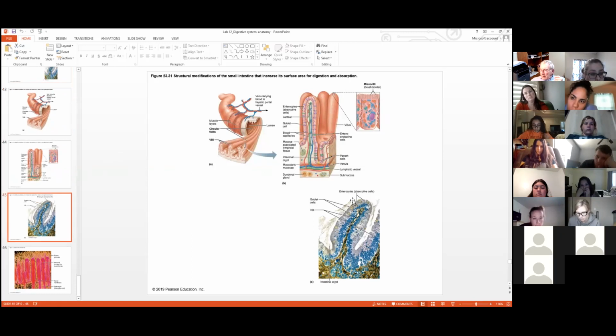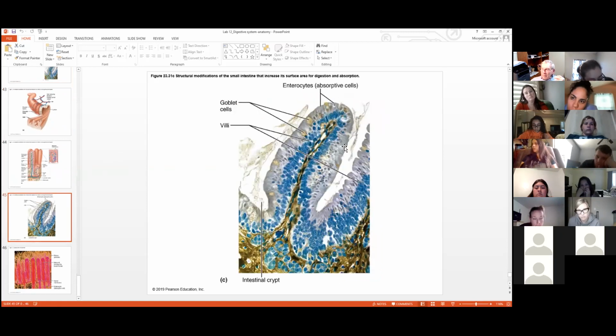Here's an interesting diagram. This is the closest we see of any of these columnar cells. You see the nuclei very well here. So this is a nice villus with the columnar cells very obvious in this diagram.